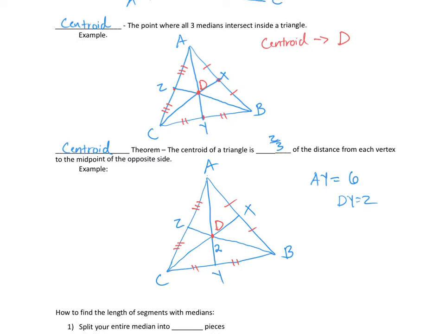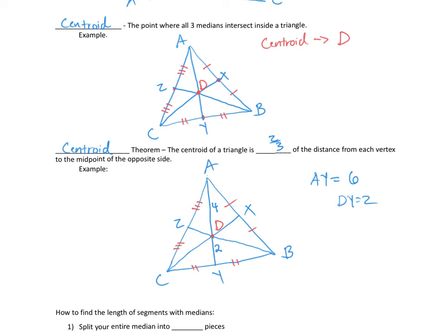And then this has to be 4, because 4 plus 2 is 6. And 4 is 2/3. So from the vertex A to the centroid D has to be 2/3 of the entire length. The entire length being 6, 2/3 of 6 is 4.